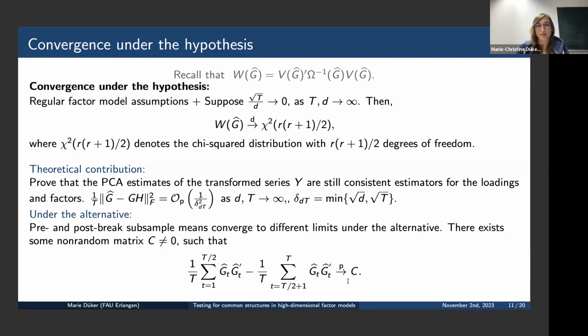One is the rotational change we are looking at. And then there are the two other ones where we have partial changes in the loadings, or that the loadings are completely linearly independent. And under those assumptions, one can show that the subsample means basically converge to different limits. And by subsample means, I mean those two means.